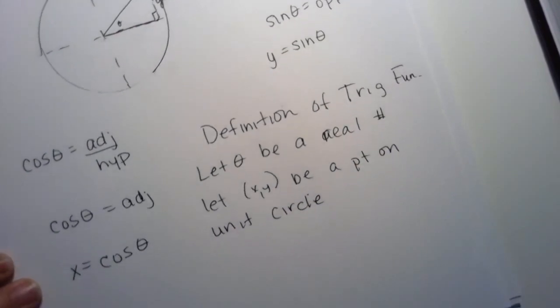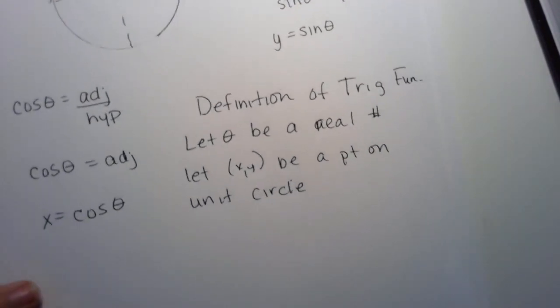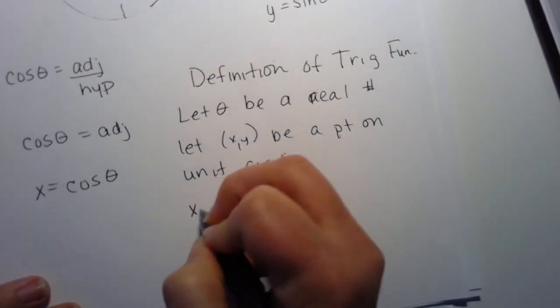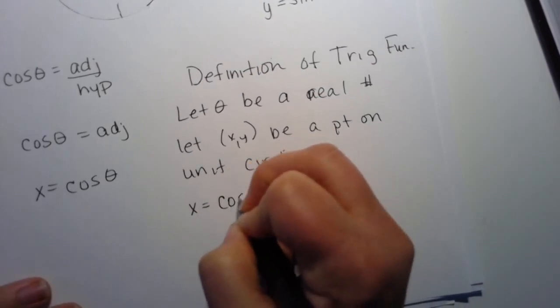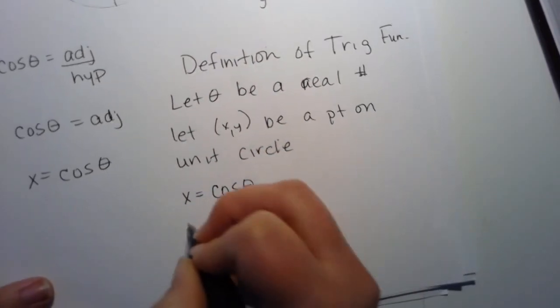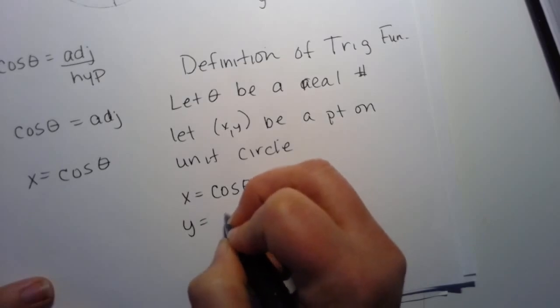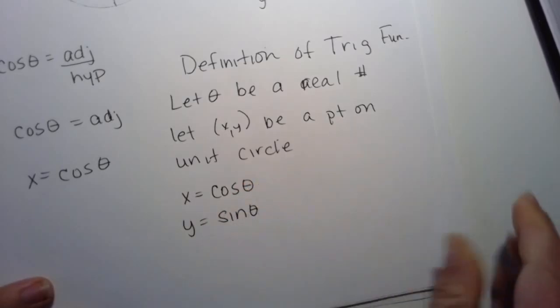Then we know that x is equal to cosine of theta, and y is equal to the sine of theta.